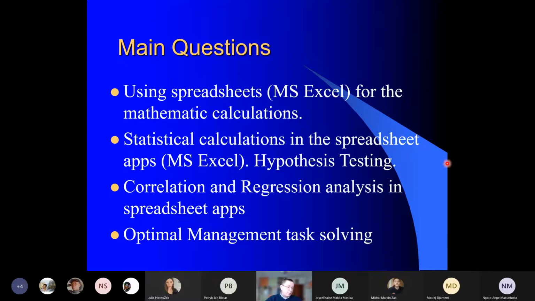I will try to quickly pass through the question related to using a spreadsheet for scientific calculation, and then we need to move into statistical analysis, especially hypothesis testing. And probably next time I will continue with correlation, regression analysis, management task solving, and those points.